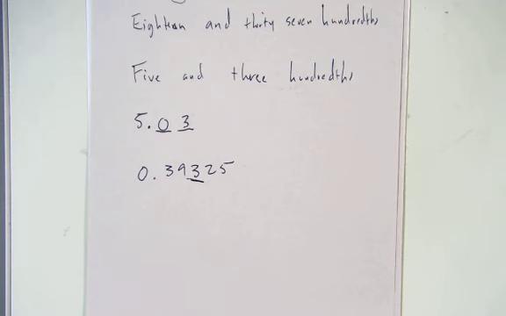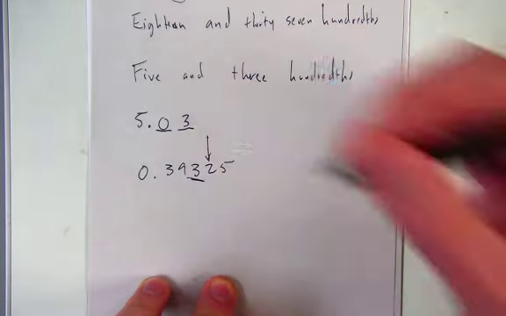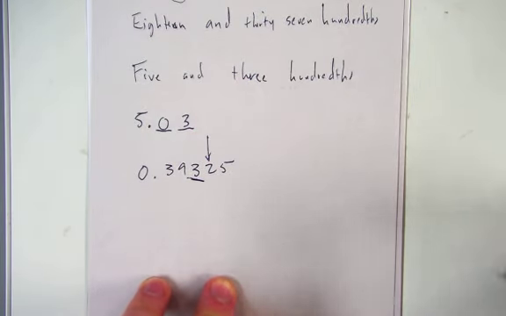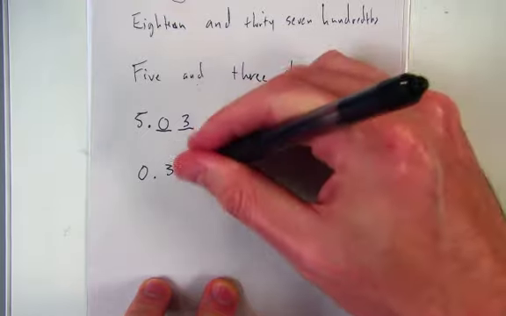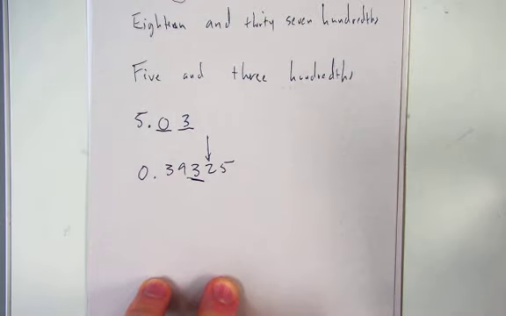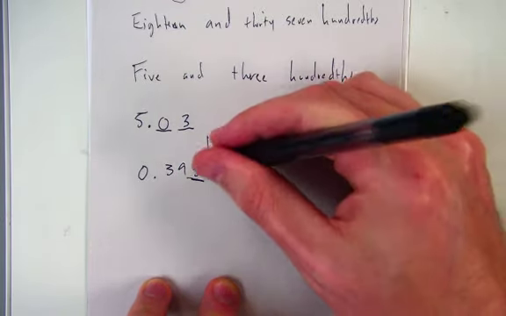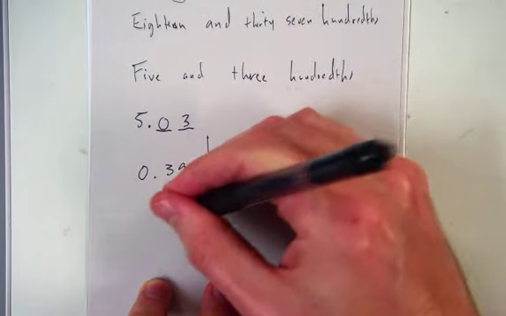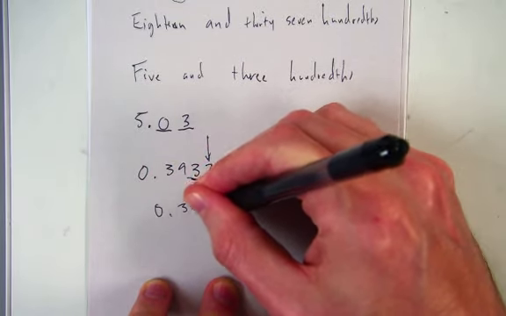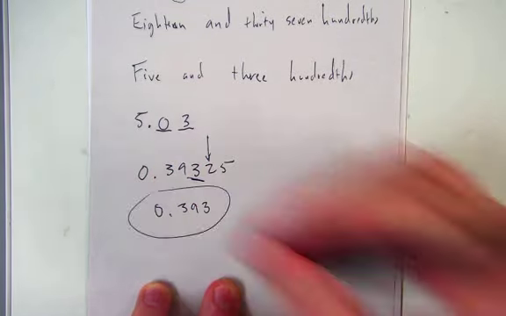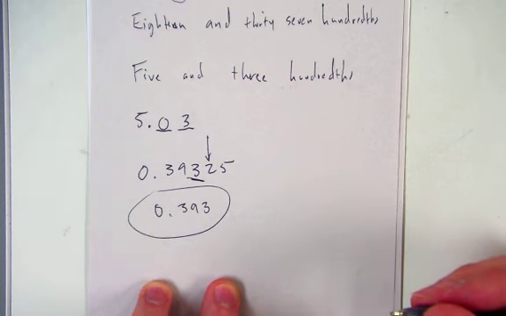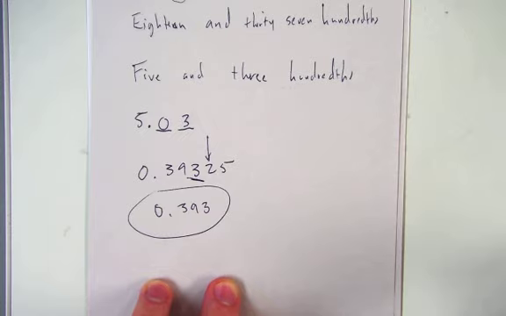We're going to either keep the value the same, or we're going to round it up to the next value, and the way that we decide that is we use the number after it. If it's 5 or greater, then this number will go up, and if it's not, then it'll stay the same. So in this case, that 2 is not 5 or greater, so we're going to leave that value the same, so that's 0.393 to the nearest thousandth. It's important in problems like this to make sure you're locating the right place value to work from.